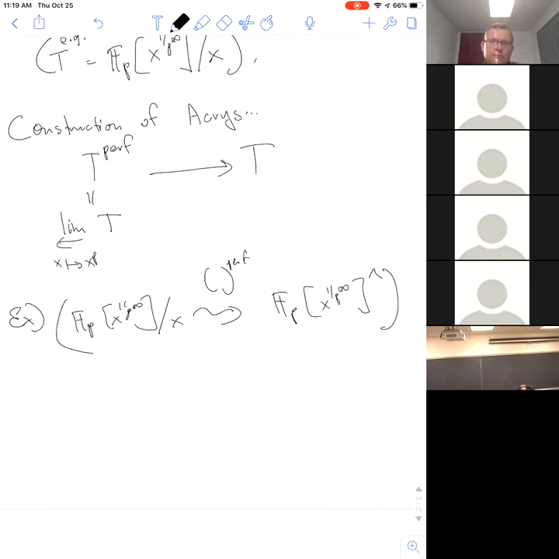And so the next step is to take the Witt vectors. So consider the map from the Witt vectors of T^perf to T. This is a map which is often called theta.